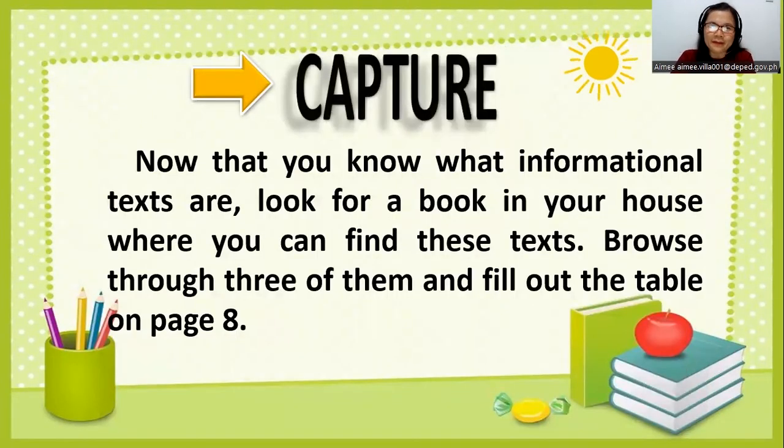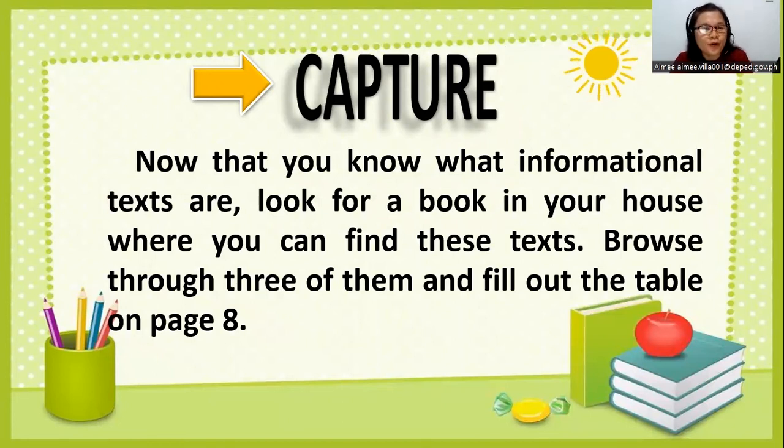Okay, let's have capture. Now that you know what informational texts are, look for a book in your house where you can find this text. Browse through 3 of them and fill out the table here on page 8.